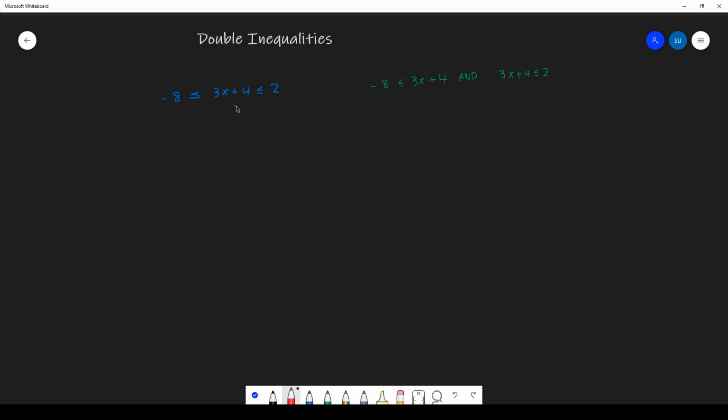To start, you subtract 4 from all sides. So the 4 here becomes eliminated, and negative 8 minus 4 is negative 12, less than or equal to 3x, which is less than or equal to negative 2.